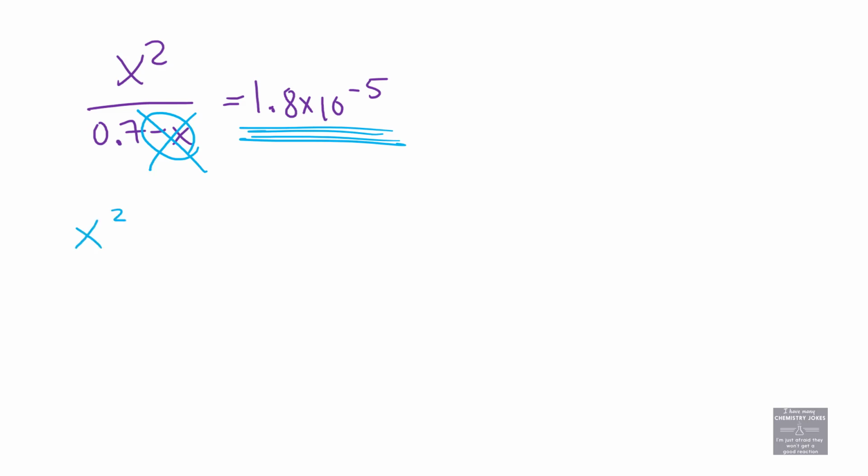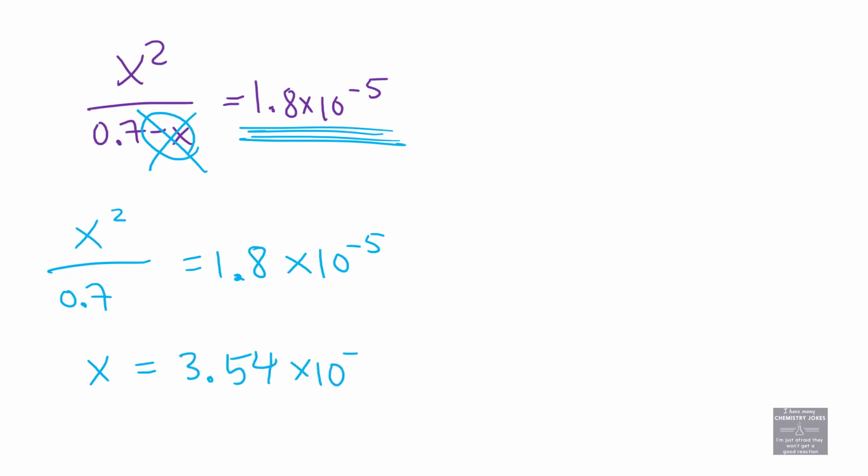So X squared over 0.7 equals 1.8 times 10 to the negative 5. And I don't really know why I'm writing out all the steps, but X squared would then equal 1.26 times 10 to the negative 5. Square root that thing. X equals 3.54 times 10 to the negative 3.